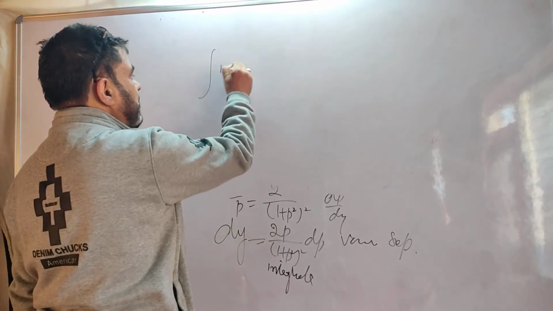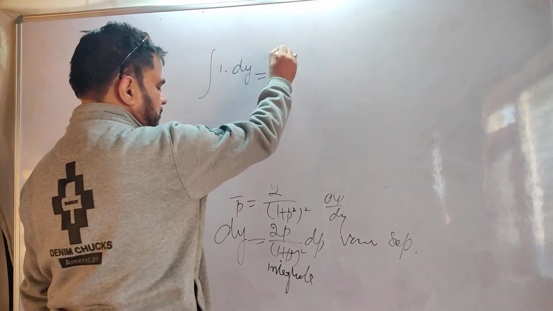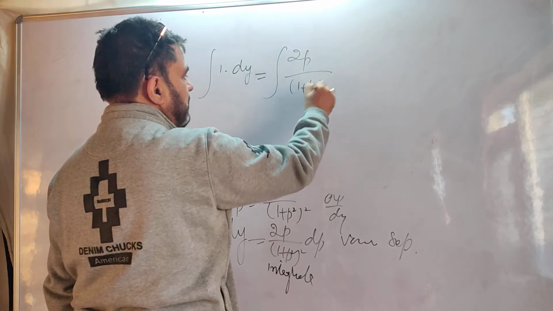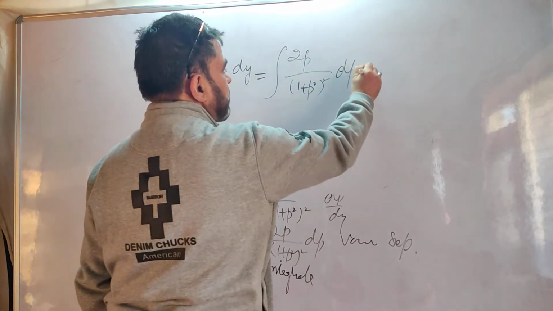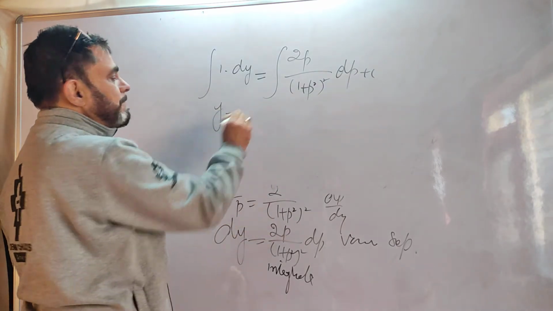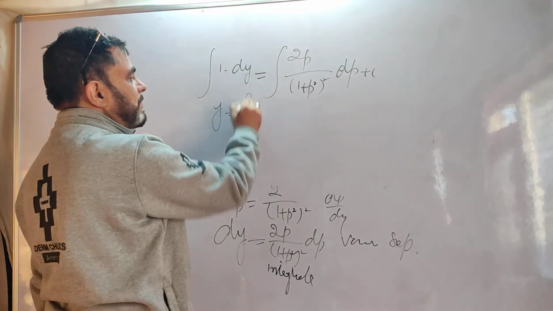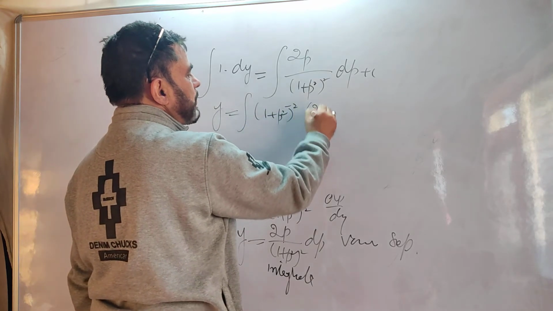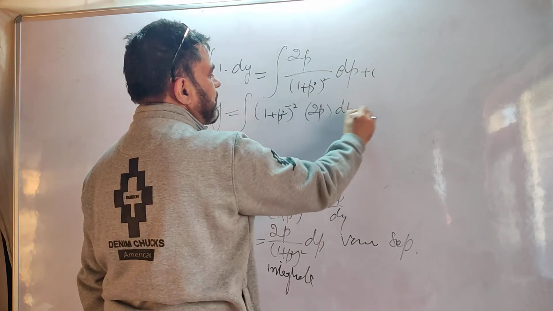Integral of 1 dy is equal to integral of 2p by (1 plus p square) whole square dp plus c. You can write this y as the integral of (1 plus p square) raised to the power minus 2, times 2p dp, plus c.